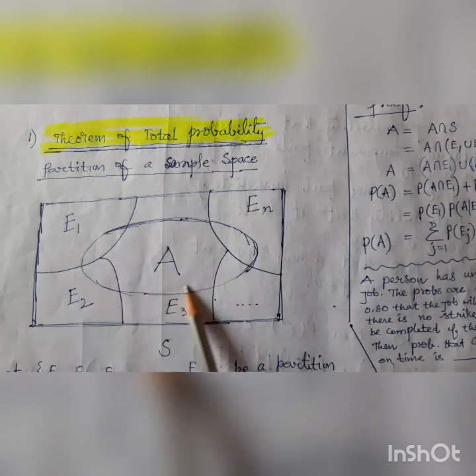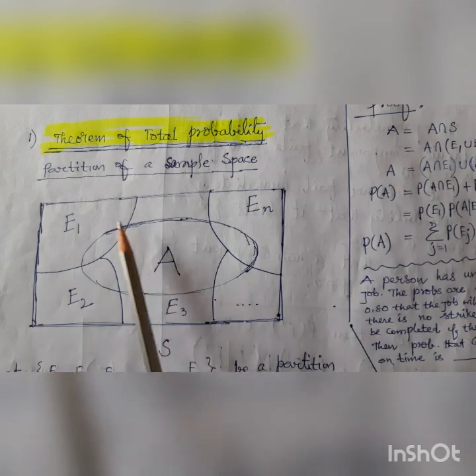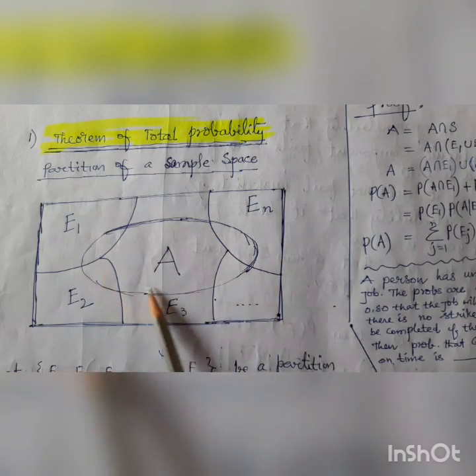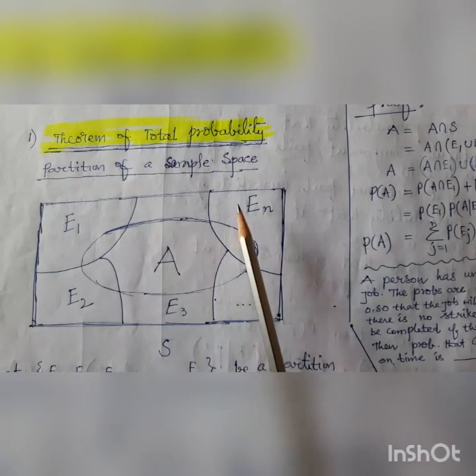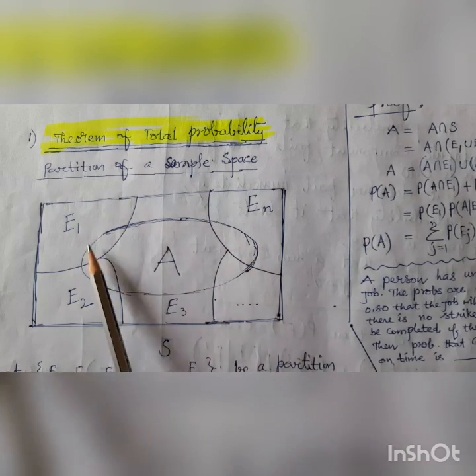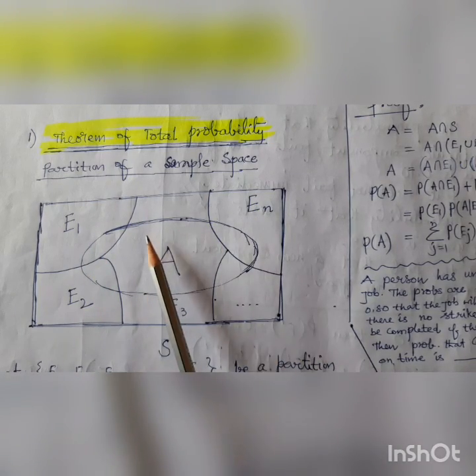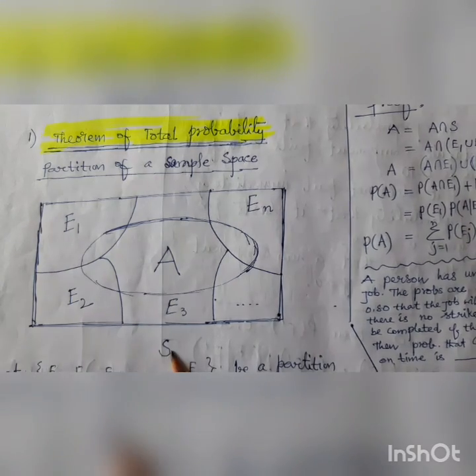A is one set. A is one event associated with this sample space.